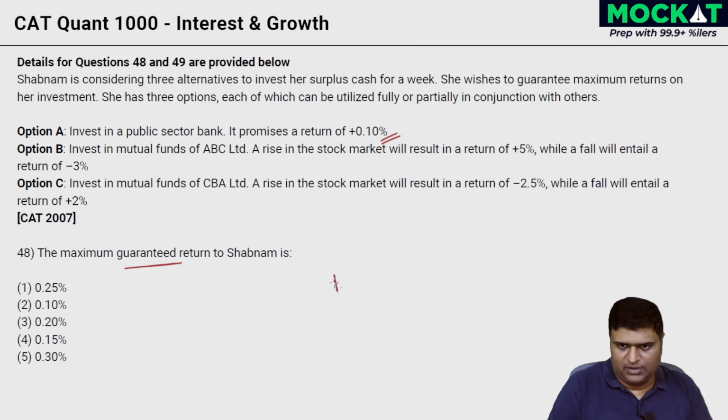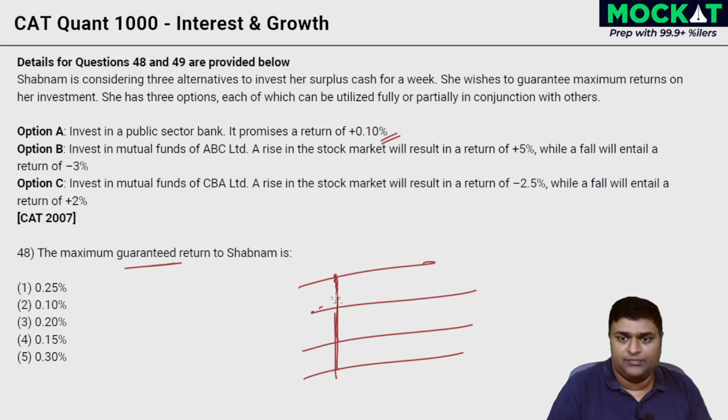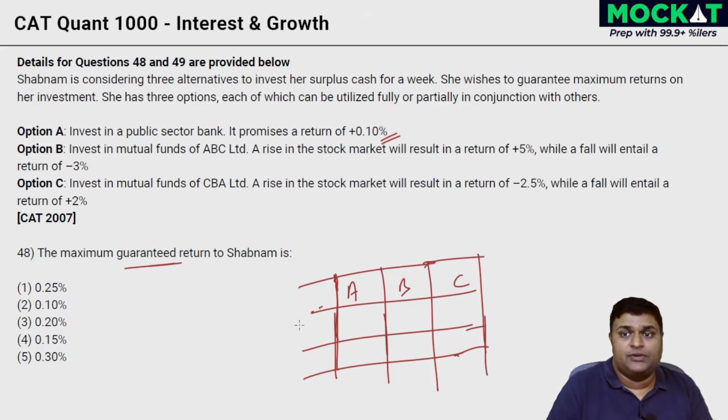So form a table over here, right? To take some short notes, that's important first. What are the notes we could take? Let's say A, B, and C over here. And if there is going to be a rise in the market and a fall in the market, here it's going to be plus 0.1% in either case, right?